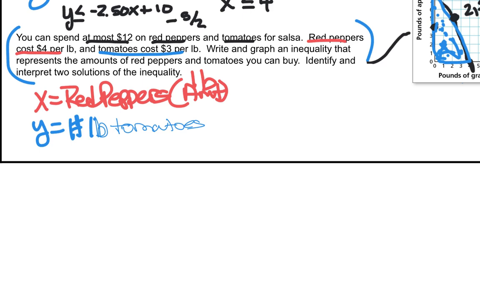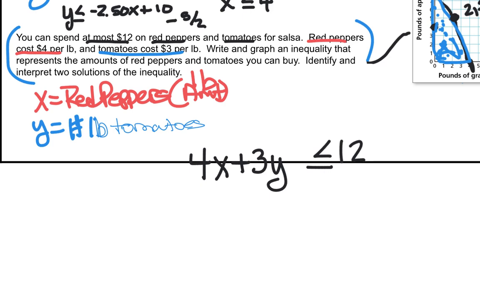We know at most, so it's got to be less than or equal to 12. So $4 per pound of red peppers, and $3 per pound of tomatoes.